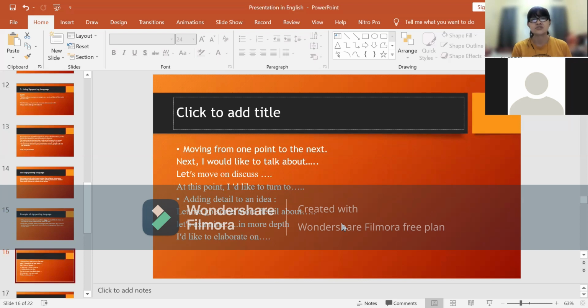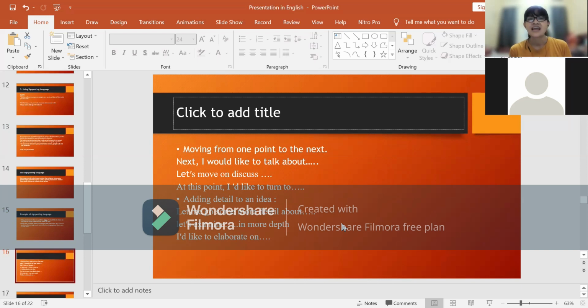If you want to move from one point to the next, you use next. I would like to talk about something, or let's move on to discuss the next agenda item. Or you can say, at this point I'd like to turn to, and then name it.